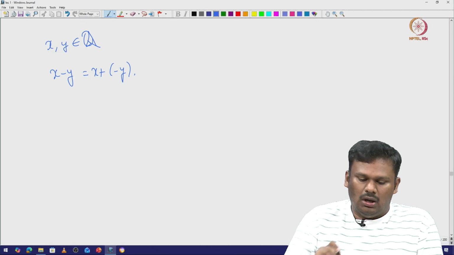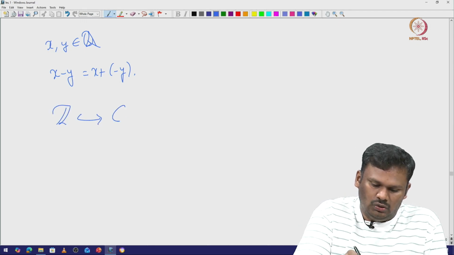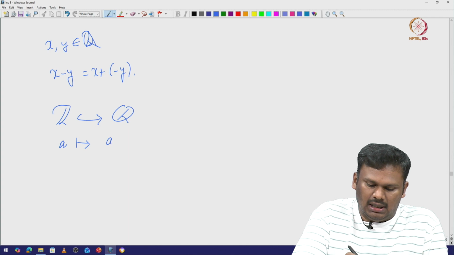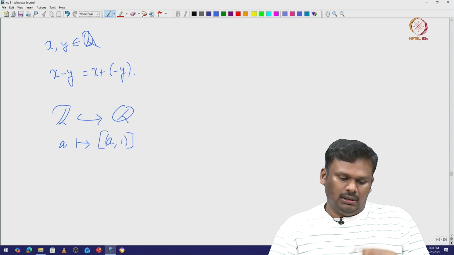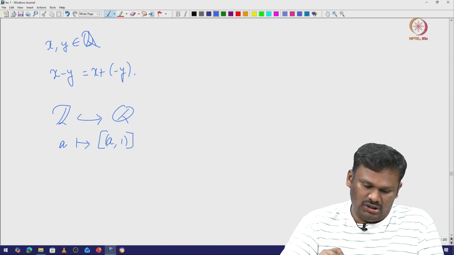Now, how can one embed the set of integers inside Q? One can just take a and send it to the class [a, 1], and that is going to be the image of a inside the set of rational numbers.